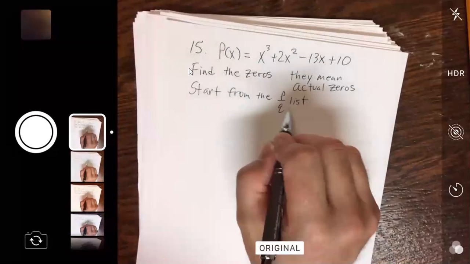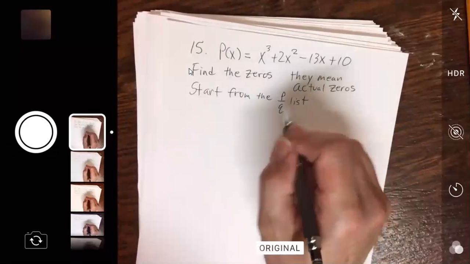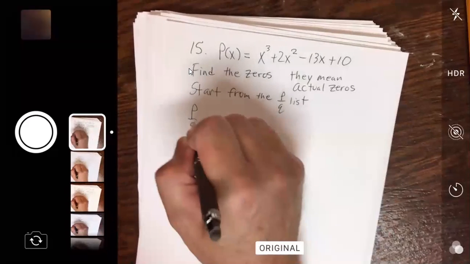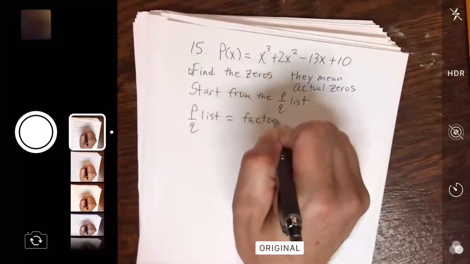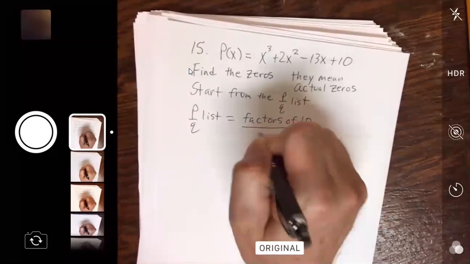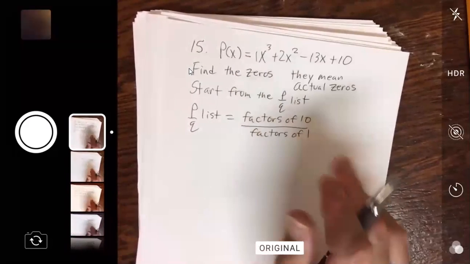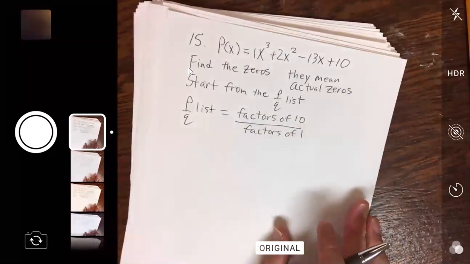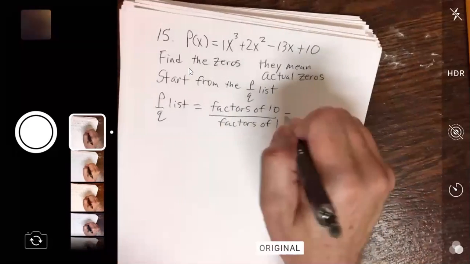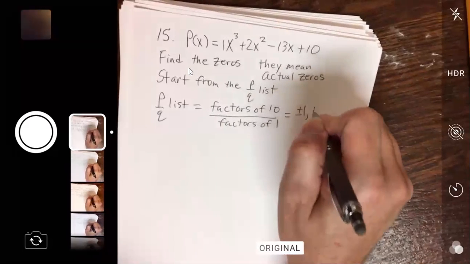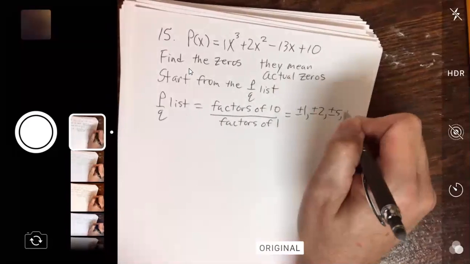So even though they didn't tell me to make up the P over Q list, that's where I get my candidates, my numbers to start from. So my P over Q list would be factors of 10 over factors of 1. Factors of 10: 1, 2, 5, and 10.